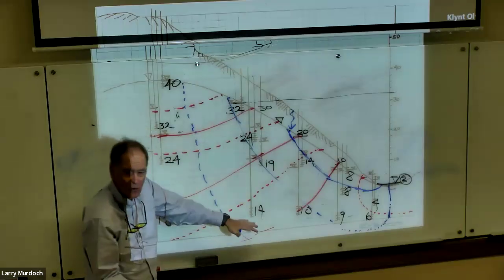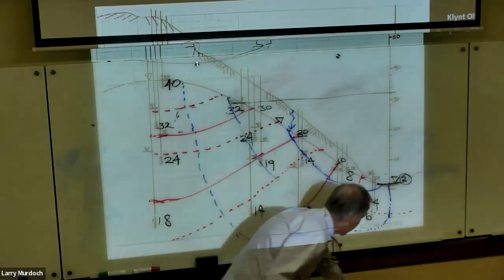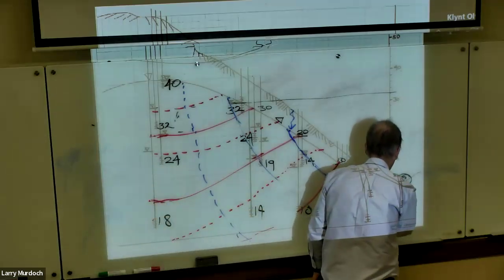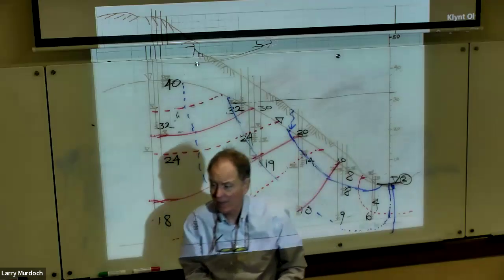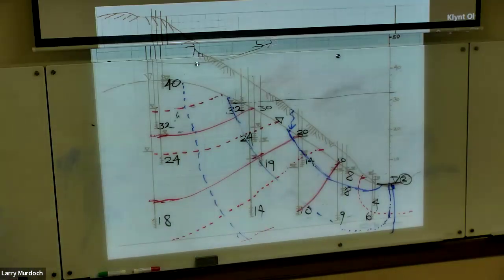And if it was uniform, it would go down here and come back up and go to the stream. Okay, so that's what the flow system looks like. That's kind of what we've been drawing. So that I think is hopefully all internally consistent. Okay, see how that all works in cross section?